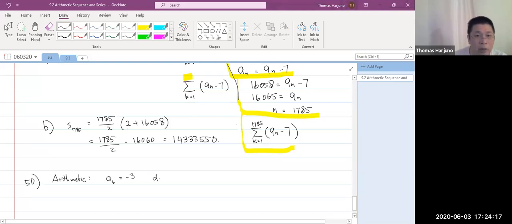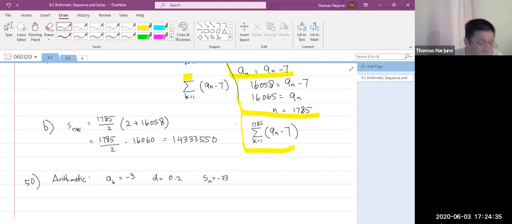The common difference is 0.2. And S sub n equals -33. That's all we know. Okay, so S sub n is -33. The question is how many terms are there? How many terms such that the sum of the nth term is -33.